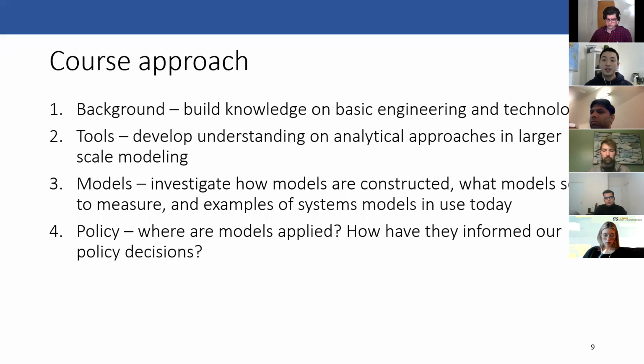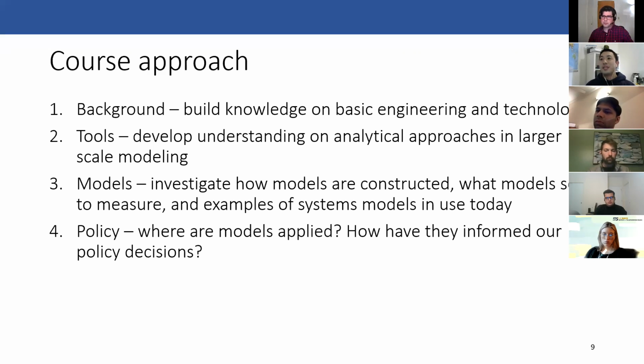All right, so the course in general is going to build through these four topics. The first one is going to be background, where we're going to talk a lot about pretty basic knowledge in terms of energy engineering and technology. That's in order to make sure that as we get into higher level aggregate models, the stuff that's happening within the models isn't just a black box for everyone, right?